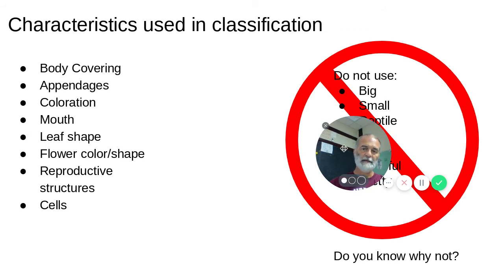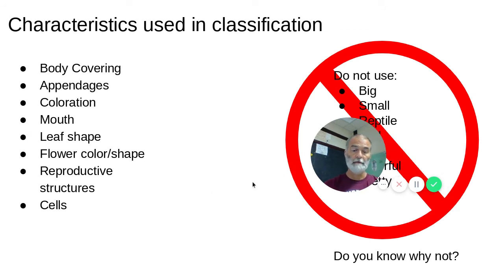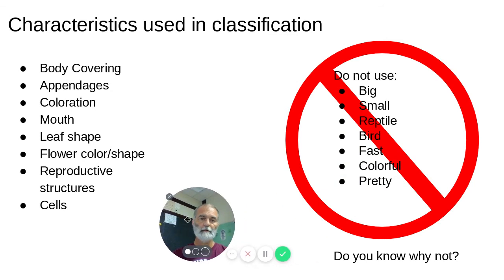In using taxonomic keys, if you're making one of your own, there are some words it's okay to use, and there's some words that you really shouldn't use when making a taxonomic key. Big and small don't work, because if somebody looks at this dinosaur, they might say, wow, that's really small. But compared to some of the other dinosaurs that I have in this set, it's actually a fairly large dinosaur.